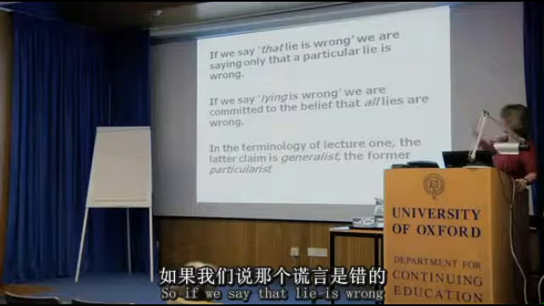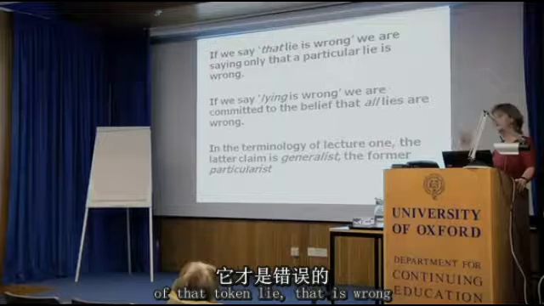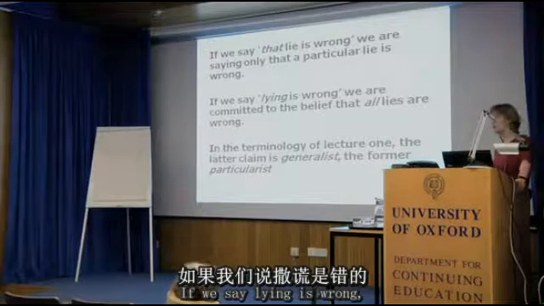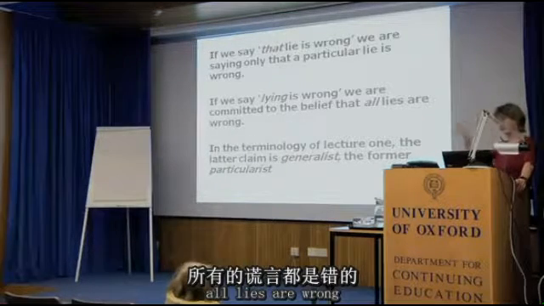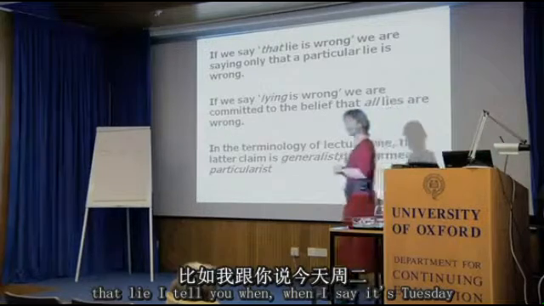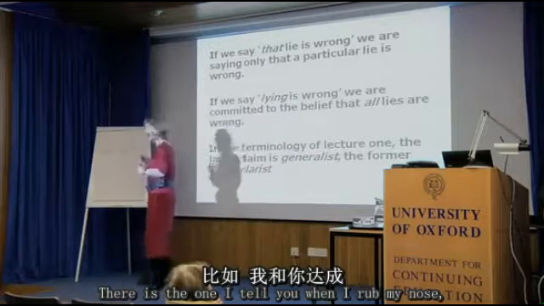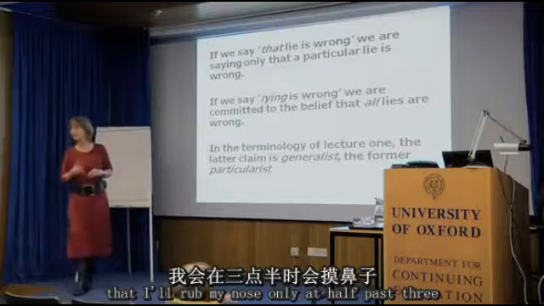So if we say that lie is wrong, we're talking about a token lie, and we're saying of that token lie that it's wrong. If we say lying is wrong, we're committing ourselves to the belief that all lies are wrong. And of course, there are lots of different sorts of lies. There's the lie I tell you when I say it's Tuesday. There's the one I tell you when I rub my nose, having agreed with you that I'll rub my nose only at 3:30.